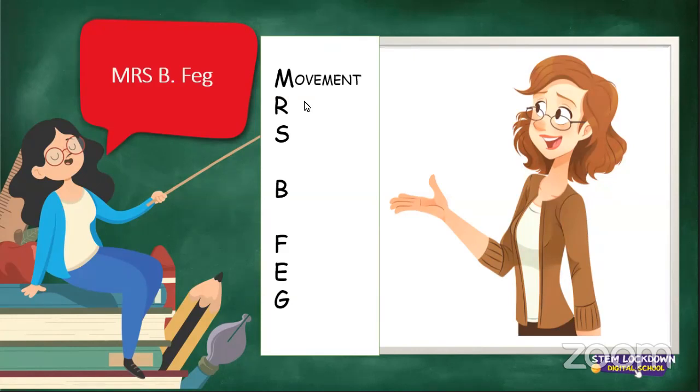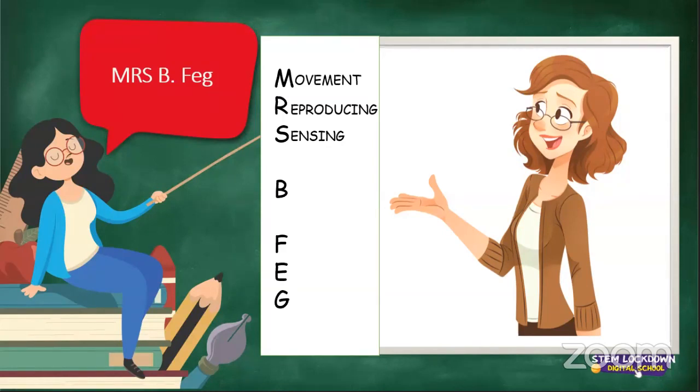What does the R stand for? Who can remember? The first one was movement. The second one, good, reproduction. Well done. The third one, the S, good, your answers are coming through now. What does the S stand for? Good job, for sensing.